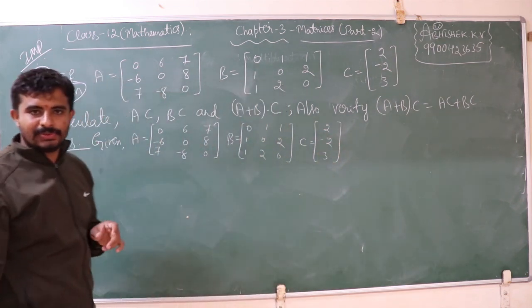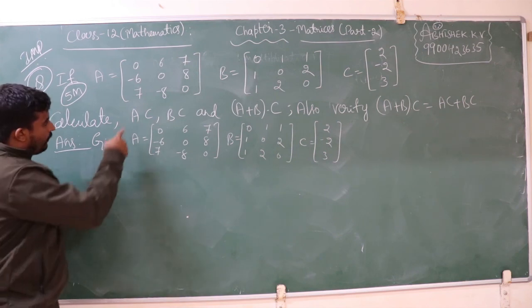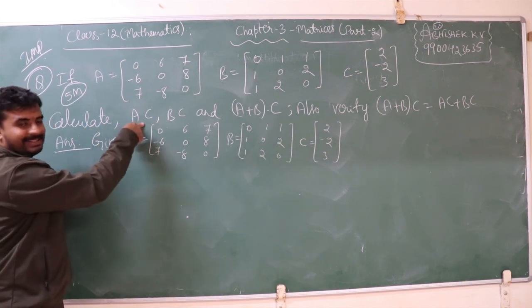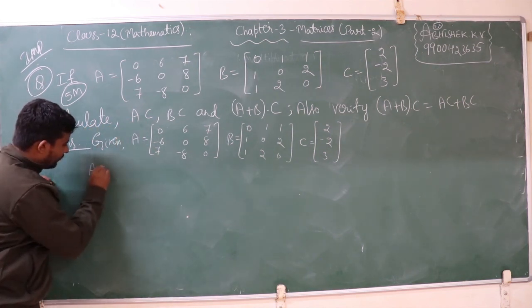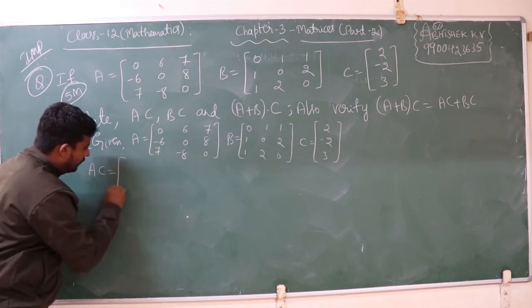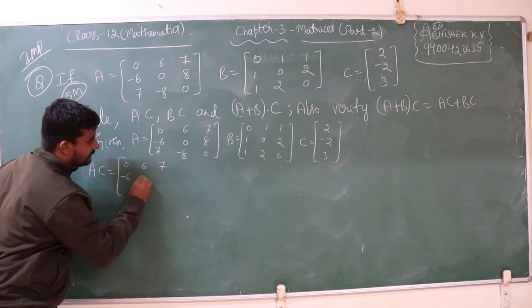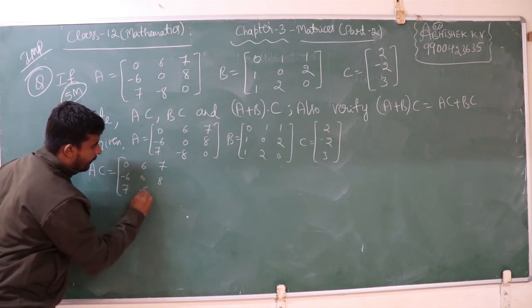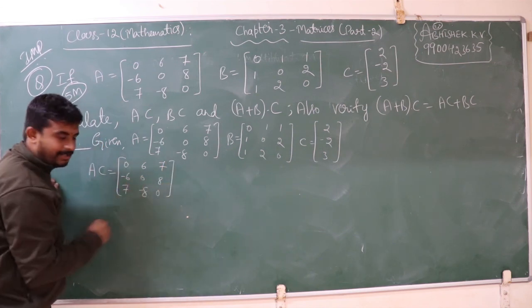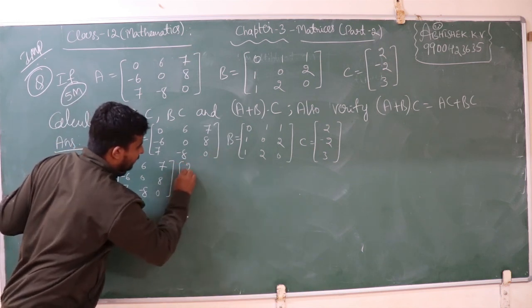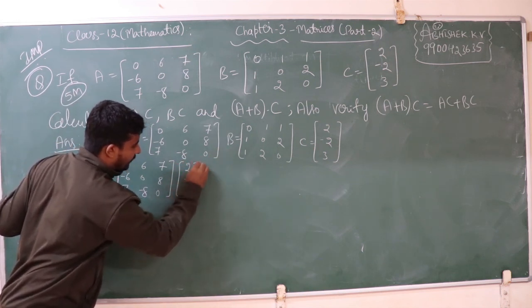First, calculate AC. What is AC? AC is equal to 0, 6, 7, minus 6, 0, 8, 7, minus 8, 0 into C. What is C? 2, minus 2, 3.